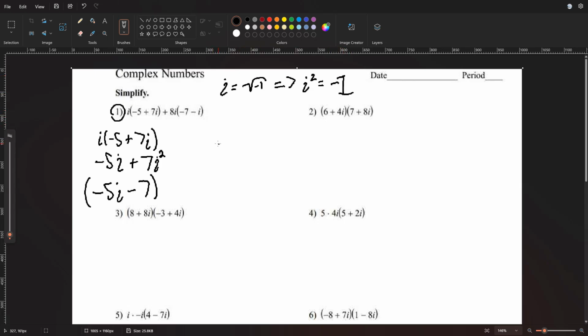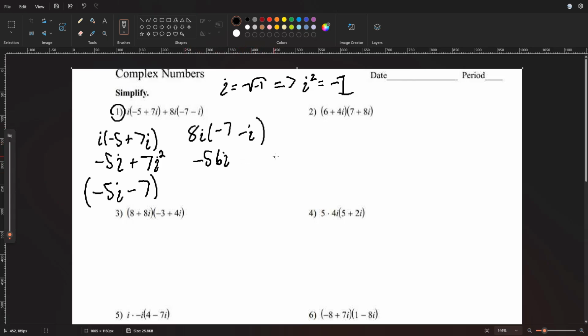Alright, so now let's look at the right half of the equation. We have 8i times negative 7 minus i. Awesome. So when we multiply this, the 8i times negative 7 is going to be negative 56i because 8 times 7 is 56.